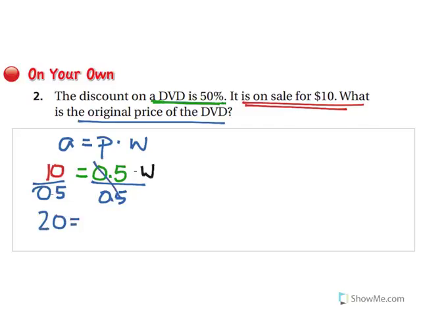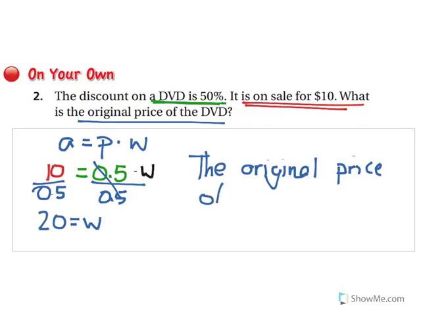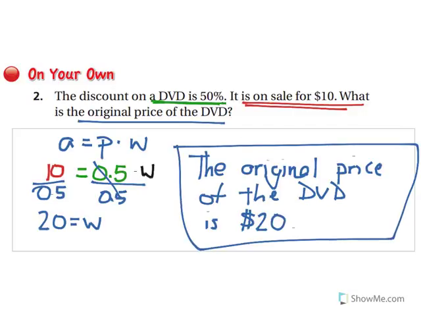These cancel out, equals W. So the original price of the DVD is $20. That's all you gotta do for that problem.